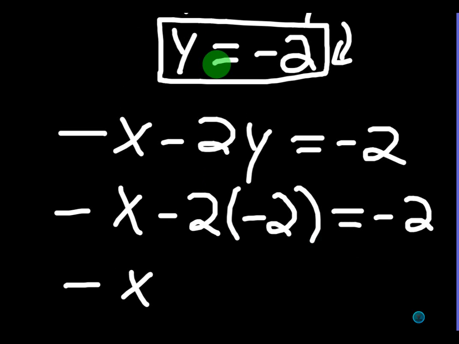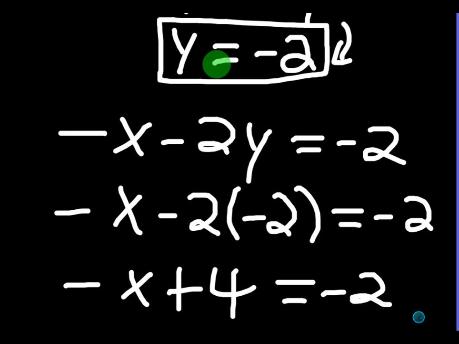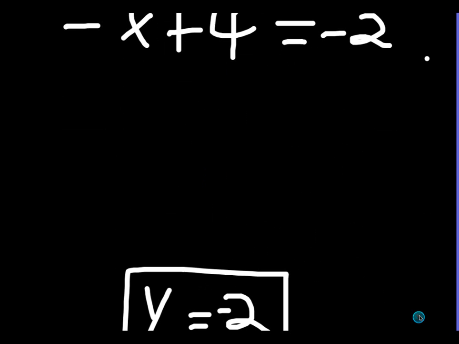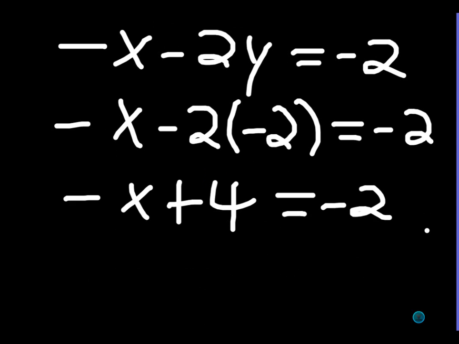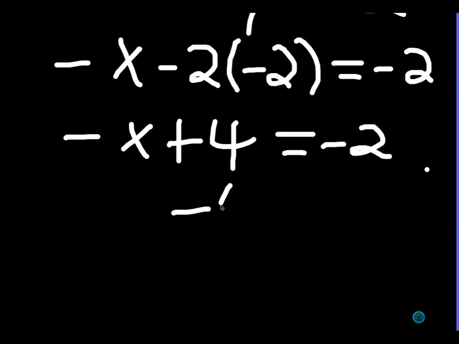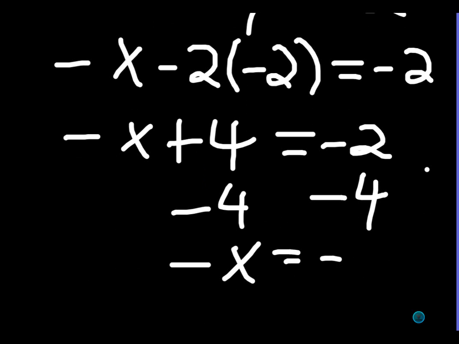So we get -x plus 4 equals -2. Now solving for that, we would just subtract 4 from both sides. We get -x equals -6. Then we would divide by -1.